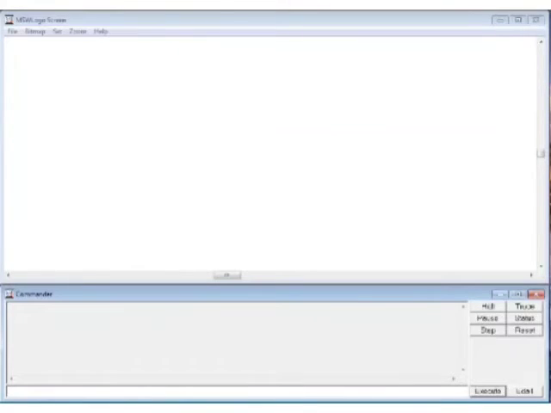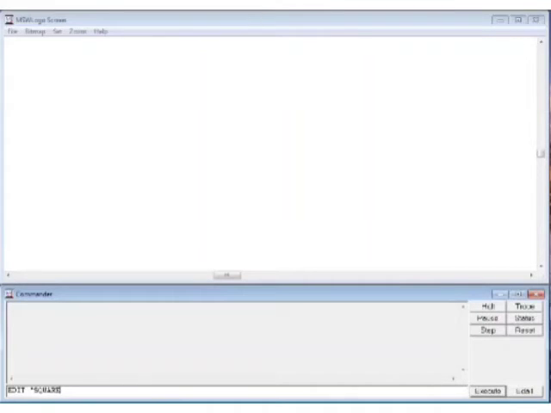Students, let us write a procedure in Logo to draw a square. Click in the input box and type edit followed by the name of the procedure. The name of the procedure should be preceded by a double quote. In this case, type edit double quote square. Square is the name of the procedure.